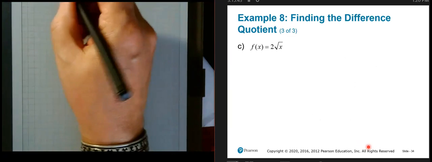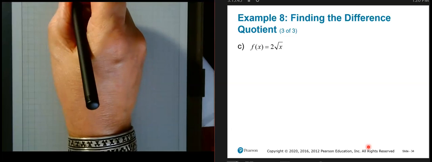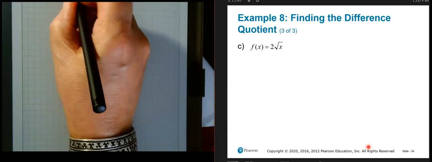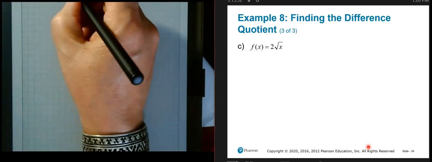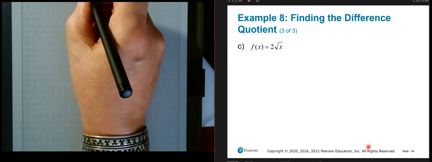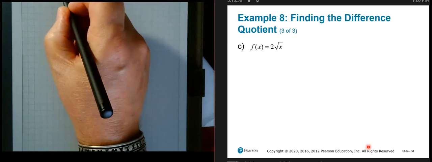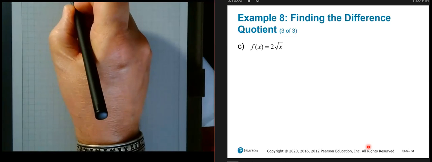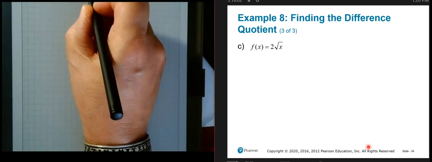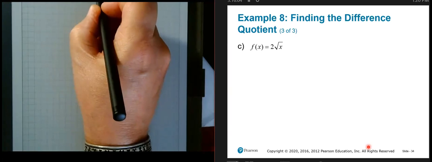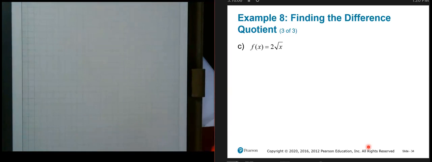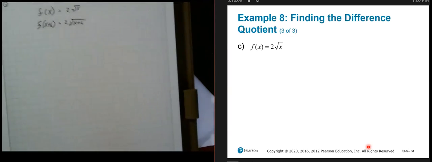So when f of x is 2 times the square root of x, then f of x plus h is going to be 2 times the square root of x plus h. And yes, I see that it's not in the view.